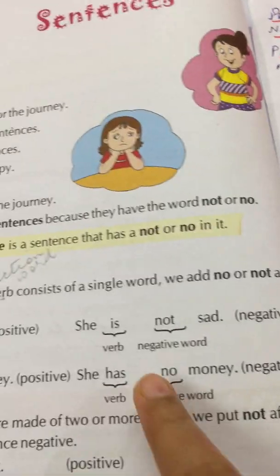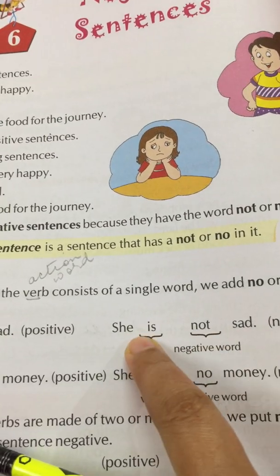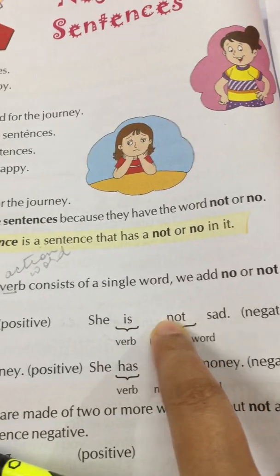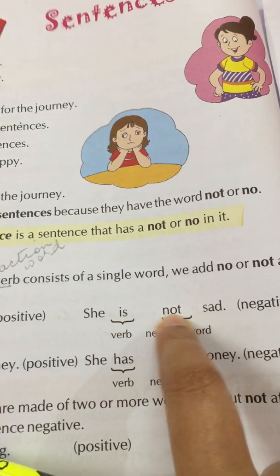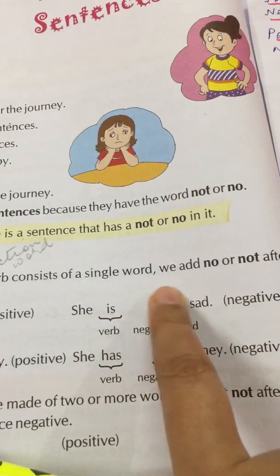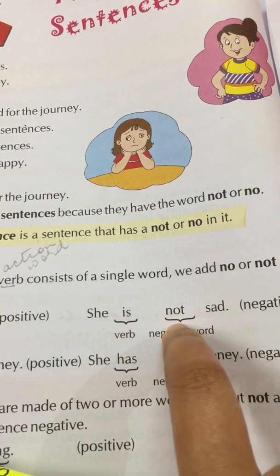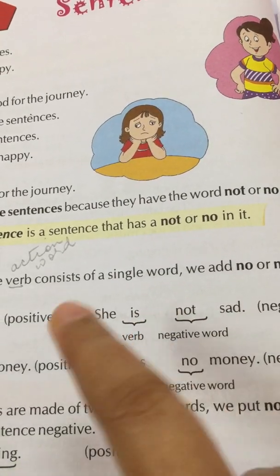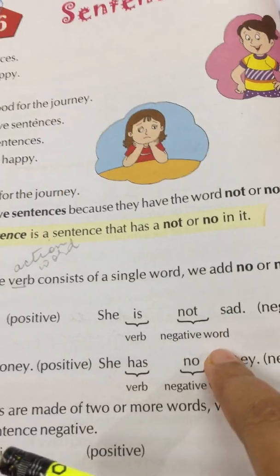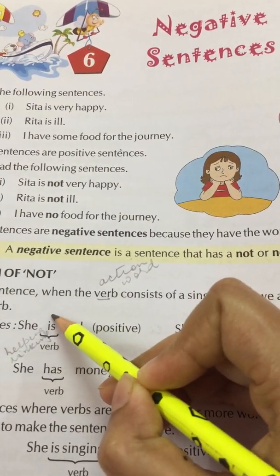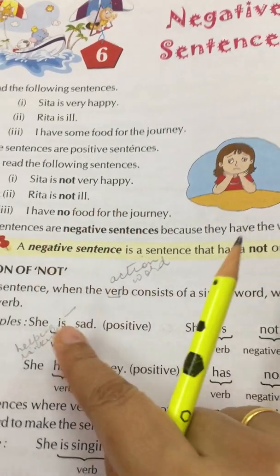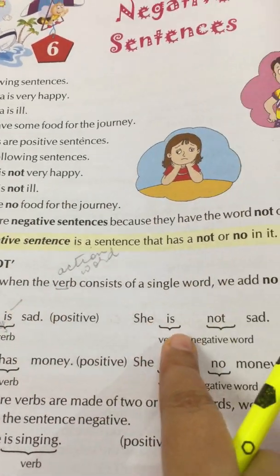Where have we put the word not? Can you see it? We have put the word not just after the verb, and that makes it a negative sentence. So whenever there is one single verb, and here there is only one verb, it is very easy.